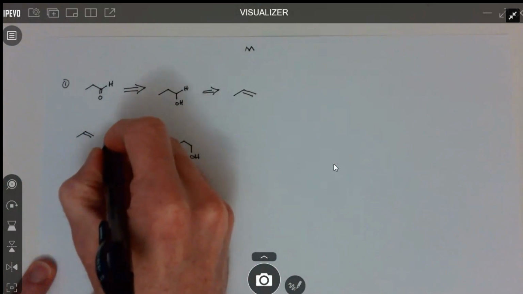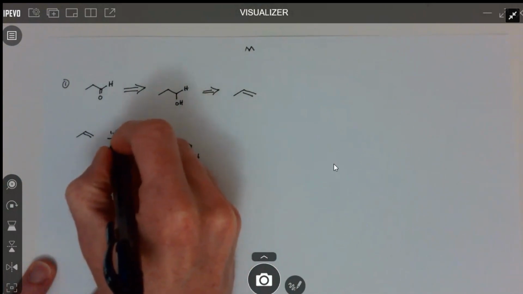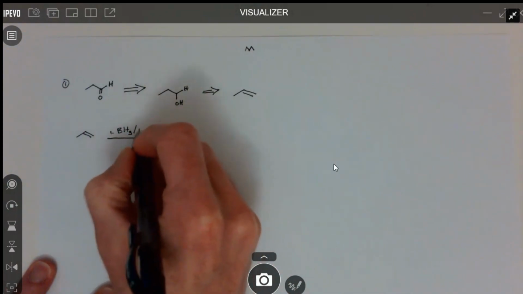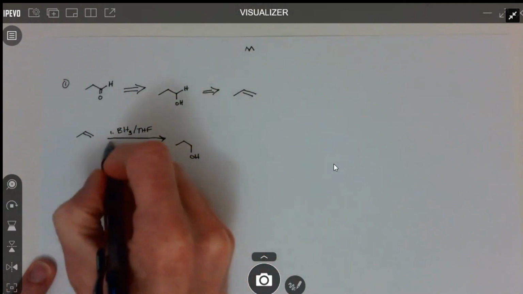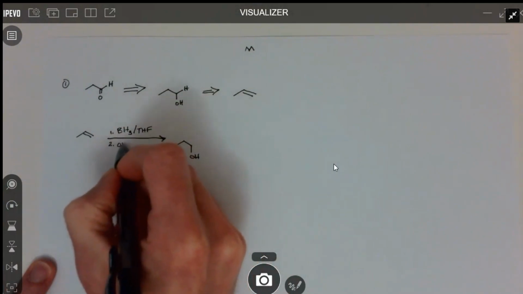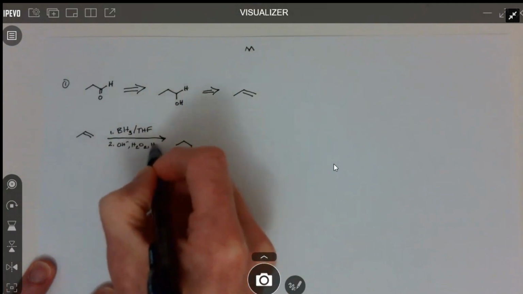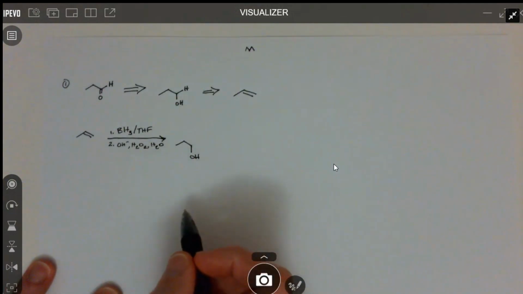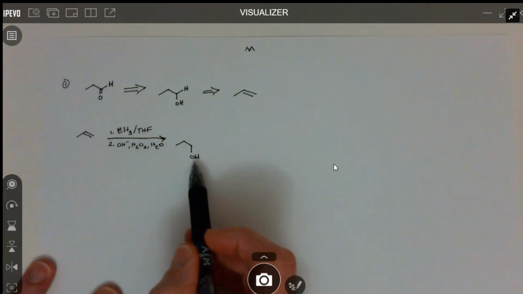So you may remember a reaction called hydroboration oxidation, which is a two-step reaction. It starts out with BH3 and THF, which is tetrahydrofuran. And the second step is a basic oxidative workup using hydrogen peroxide in water. That's how you get the primary alcohol, the anti-Markovnikov.